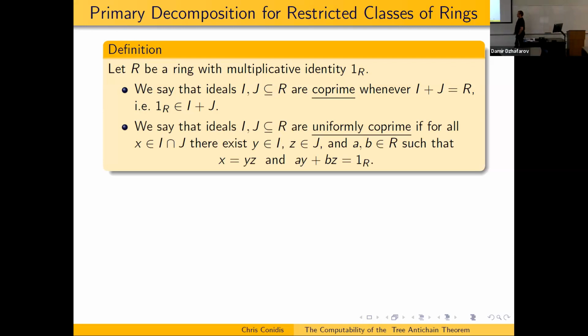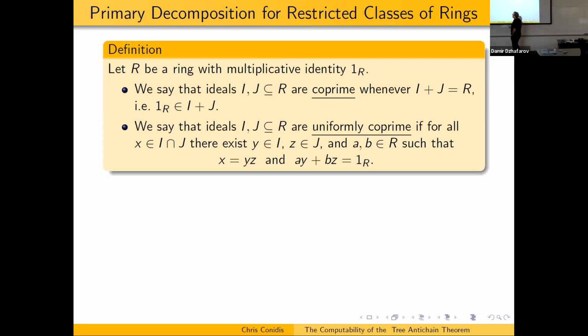Another definition, which is going to be more relevant for the characterization we're going to give: we say that 2 ideals I and J are uniformly coprime if for all x in their intersection there exists a y in the first ideal I and a z in the second ideal J, and a, b, and r, where a and b are just the coefficients you need to generate the unit 1.